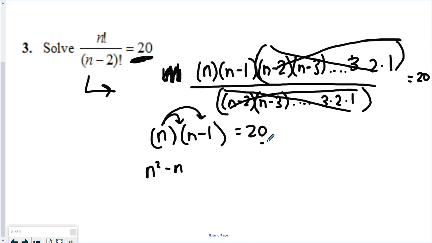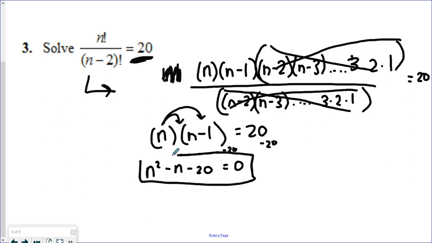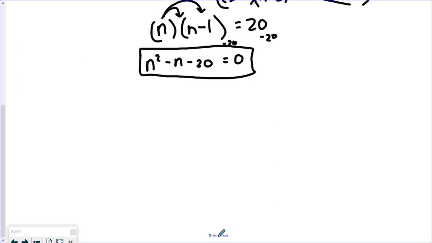I'm going to subtract 20 from this side and subtract 20 from this side. So this is me setting it equal to 0 at this point. We still haven't solved for n. I'm just going to put a box around it so I can see that. So n squared minus n minus 20 is equal to 0.